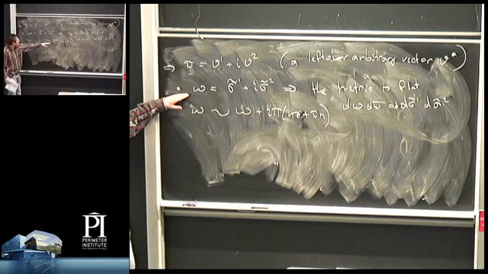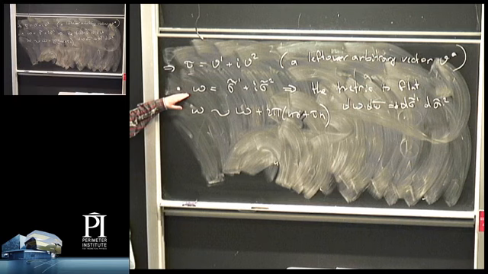So the way to see this, all you have to do is to substitute what omega is in terms of these two other variables. You substitute what tau is, and you will see that the transformation property will simply reproduce these ones.